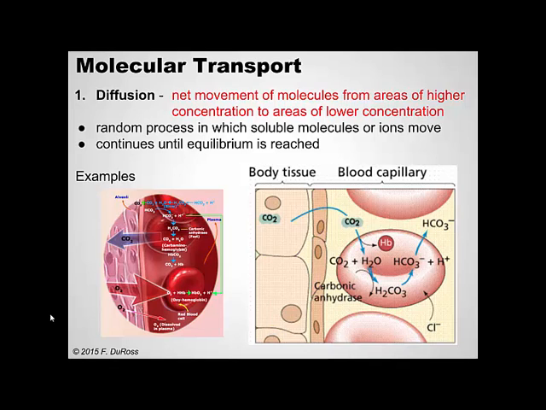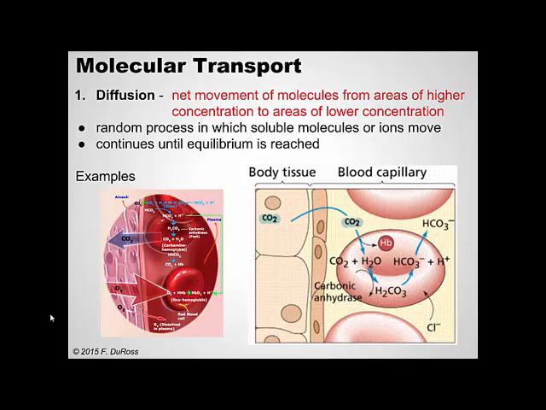Some will be moving each way, but they will eventually reach an equilibrium when molecules are overall equally distributed, where you have areas of equal concentration. And even when you have areas of equal concentration, there's still movement back and forth, but the overall movement keeps those concentrations the same. And we have lots of examples of diffusion in living things, and here's a couple examples.